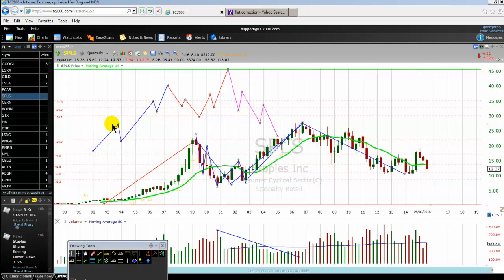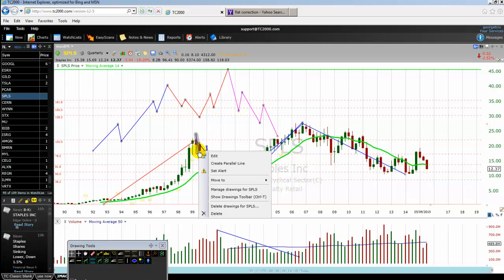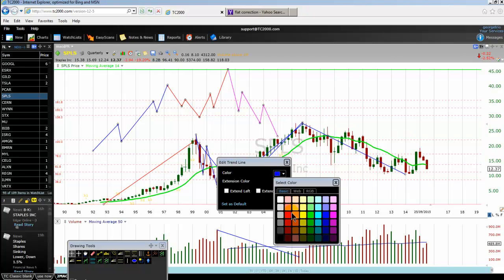During the impulsive wave, the waves should not overlap, but the internal waves of a corrective wave can overlap. This will allow you to avoid labeling a wave wrongly.